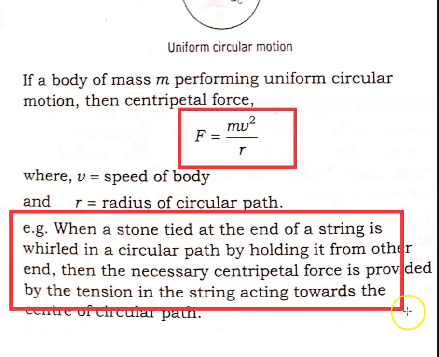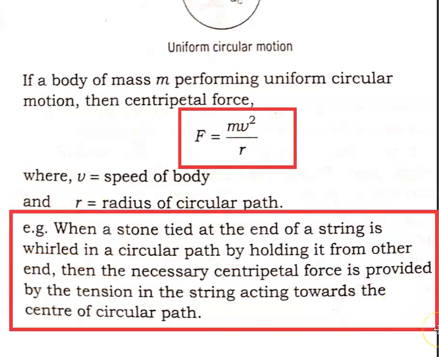Suppose you tie a stone to the end of a string and you start whirling it, that is, you start moving it in a circle. The necessary centripetal force for this circular motion of the stone is provided by the tension in the string. And that tension in the string is acting towards the center of the circular path.